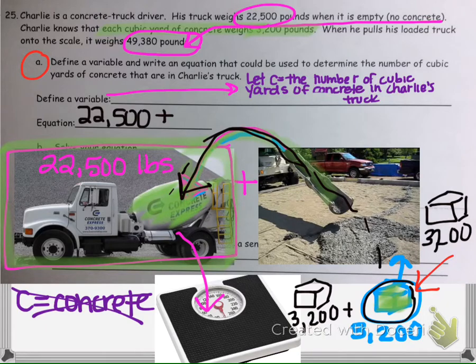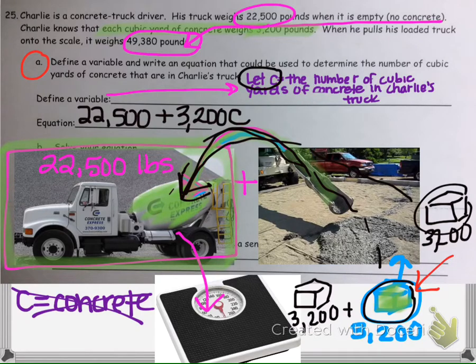Adding 3,200 over and over again is the same thing as multiplication. So we take 3,200 times C, because C represents how many are going inside, and we don't know how many.